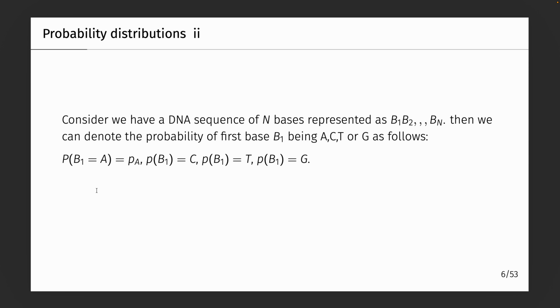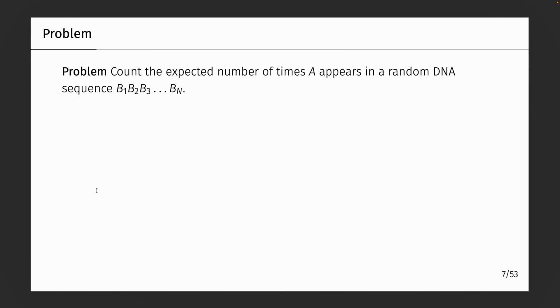Okay? Now the question that we are interested in asking is a very simple question. You can assume that this length n can be anything. At this point, it doesn't matter what the length n is. Given this notation, if something occurs at a particular base, we can just substitute it to be the overall frequency of A, which is P of A. So even P(B2 = A) is P of A. In other words, the positions themselves are independent.